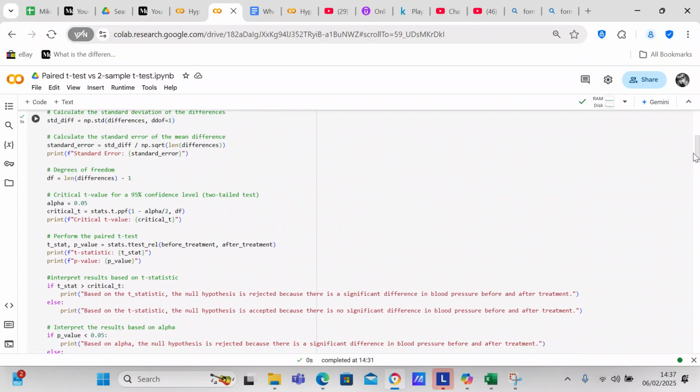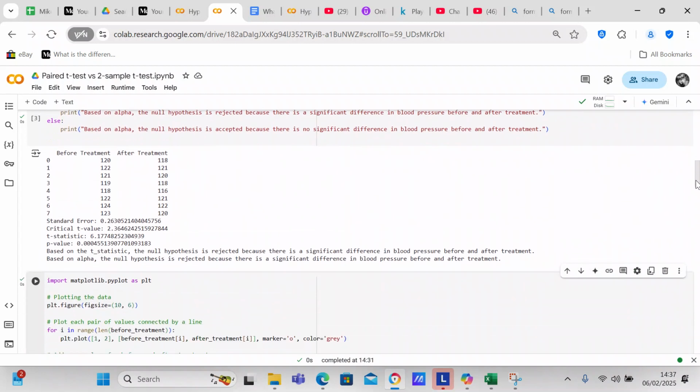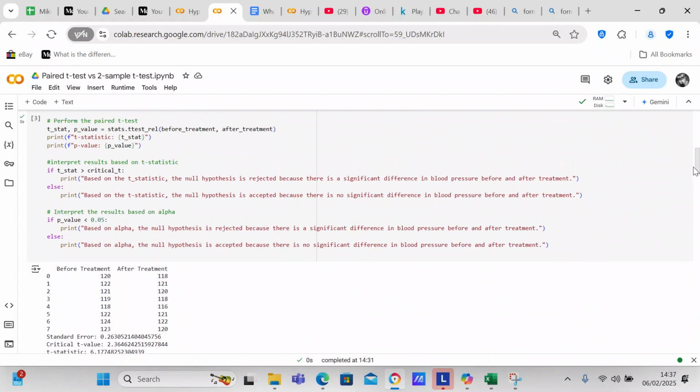And then we're going to perform the paired t-test: t-stat, p-value equals stats.ttest_rel, with before treatment and after treatment. Then we print our t-statistic and our p-value. The t-statistic is 6.177, and the p-value is 0.0004.